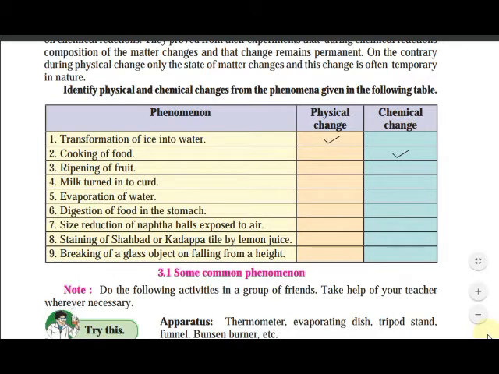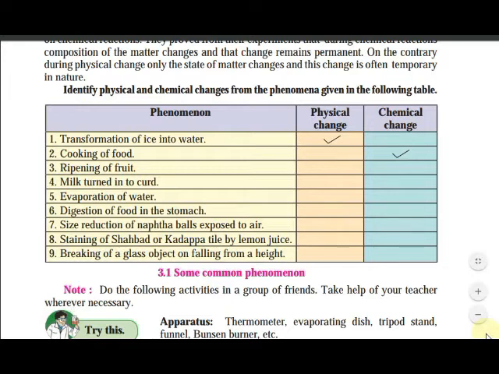Transformation of ice into water. Which change is seen here? Ice turns into water. Ice is solid, water is liquid. So ice changes to water, this change is a physical change. Yes or no? Because physically ice changes into water, meaning solid turns into liquid.